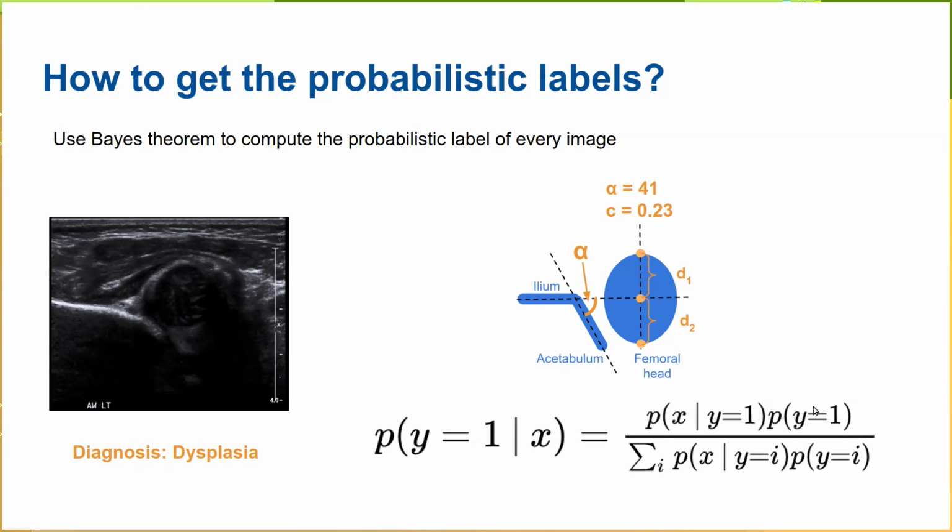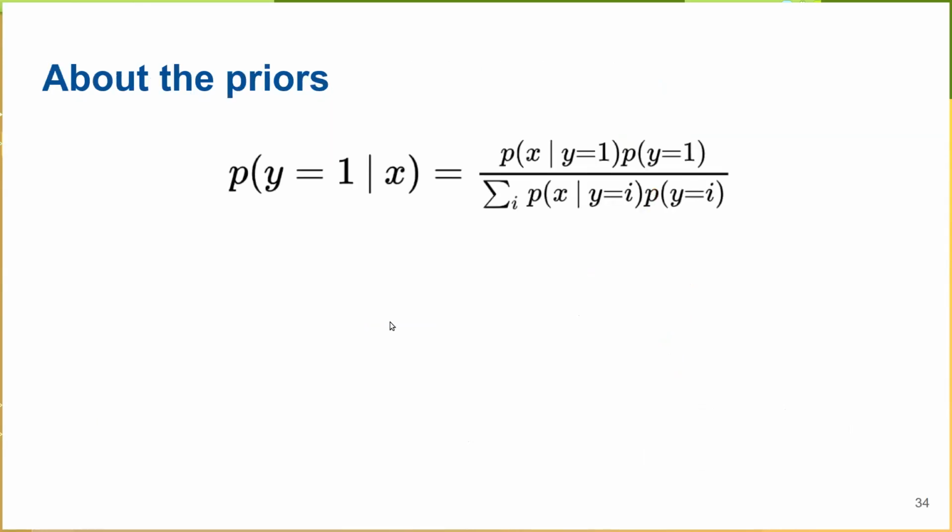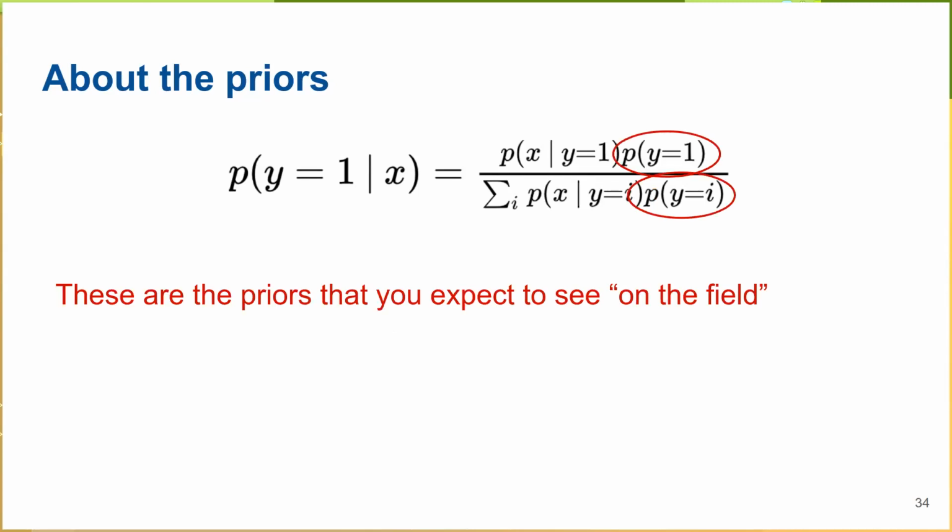And then we require the prior probability of Y equals 1 and Y equals 0. Given these things, we can simply compute these multiplications and then the division, and then we get the probabilistic label of this image. Something very important, these priors are not the probability of Y equals 1 and Y equals 0 in our dataset.